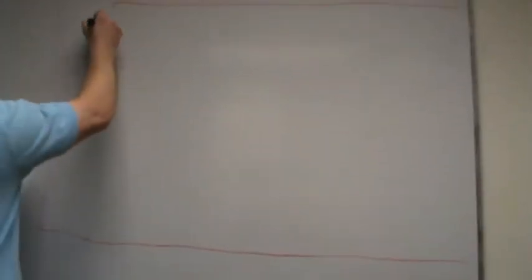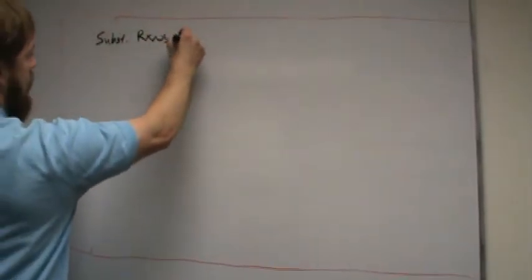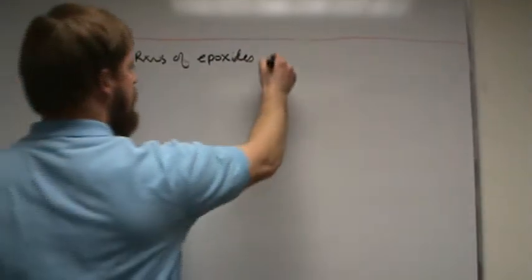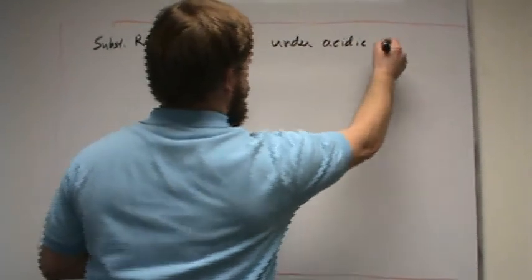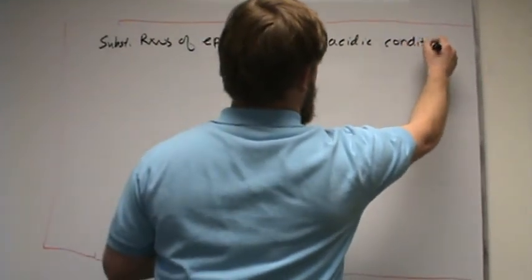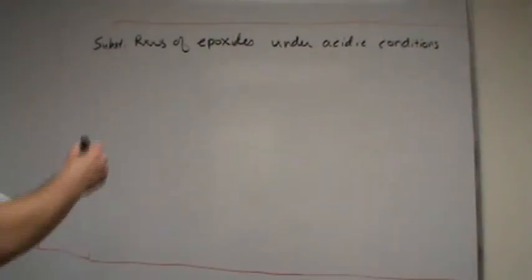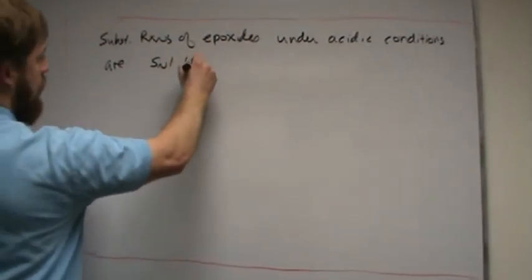Like everything else so far, you've got SN2 and SN1 reactions. If we react epoxides, so substitution reactions of epoxides under acidic conditions, the substitution reactions of epoxides under acidic conditions are what we call SN1-like.